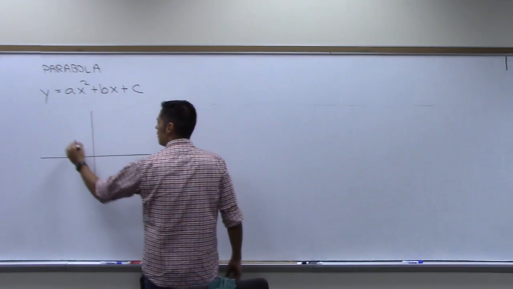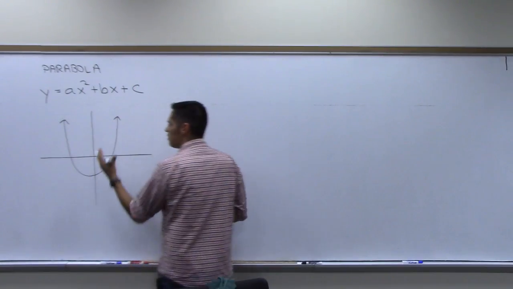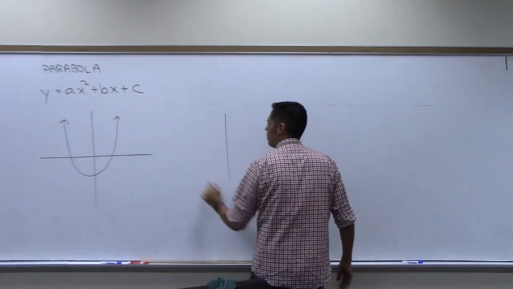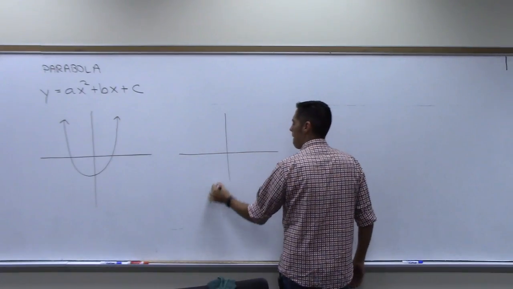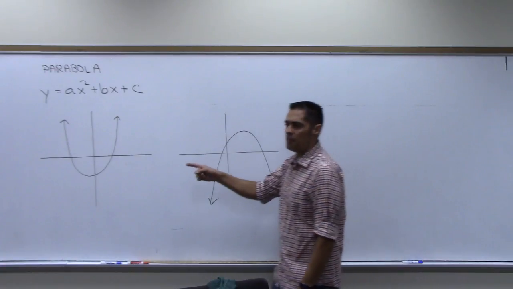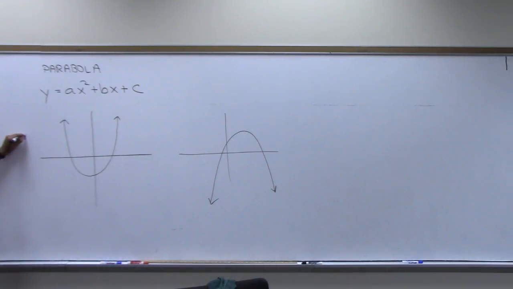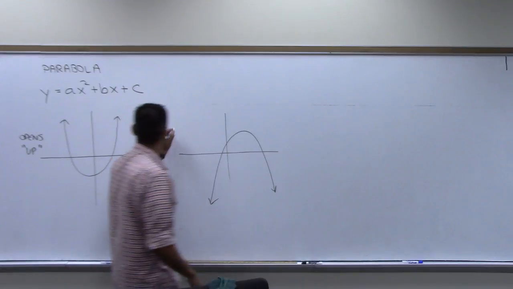It's either going to do this. It's like a big U or a big smile, or it's going to do this. In the case on the left, we say that it opens up. And over here, we say it opens down.